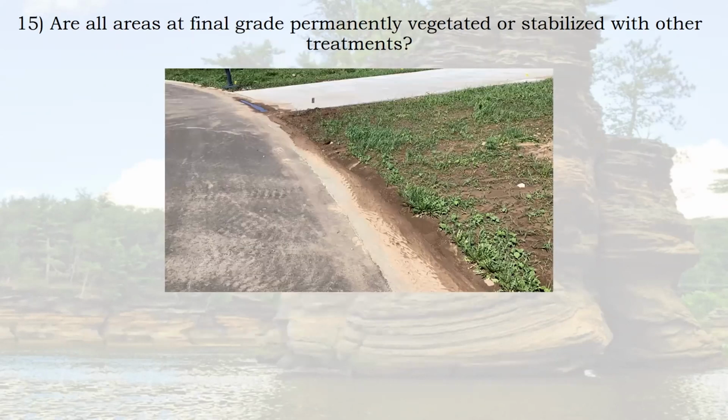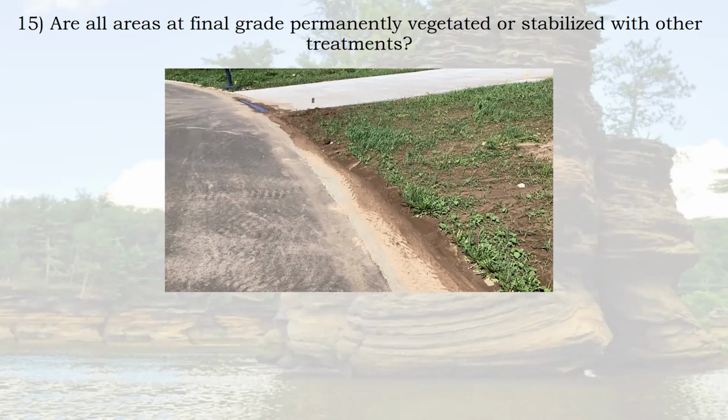15, we're almost done with the questions, I promise, and we'll get into the GIS side of things. 15 is all areas with final grade permanently vegetated and stabilized. So just because the project's done and they have the bare soil there and they say, hey, my home is built, we're done. That doesn't mean that you're done doing your inspections until you start seeing some type of grass seed coming up. They could have wild grasses too, or they could have alternatives to grass as well.